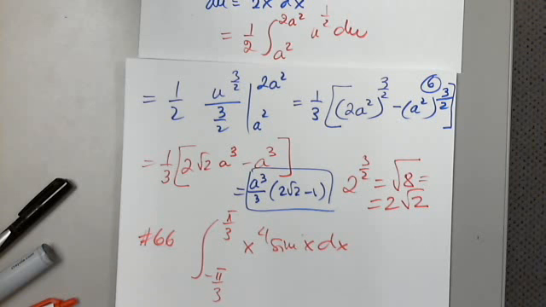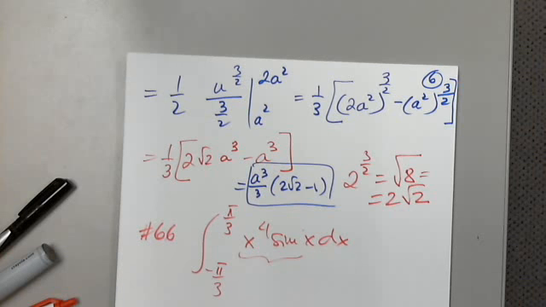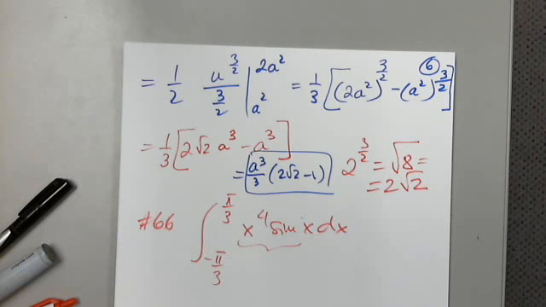I see that the interval is symmetric. Perfect. Good. So now I have to investigate to see whether this function is odd or even. If it is odd, the answer would be zero. If it is even, I reduce it to twice the integral from 0 to pi over 3.